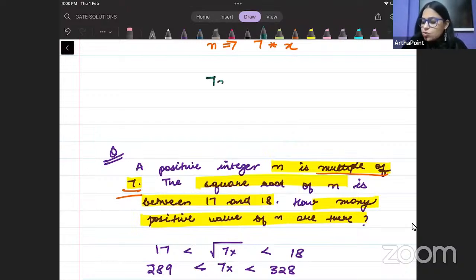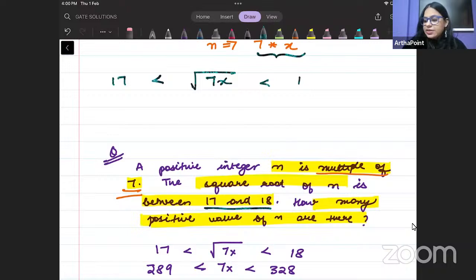Now, it tells you that the square root of this number is between 17 and 18. I can square both sides. So, beta, if I square both sides, I will get 289 less than 7x less than 324.